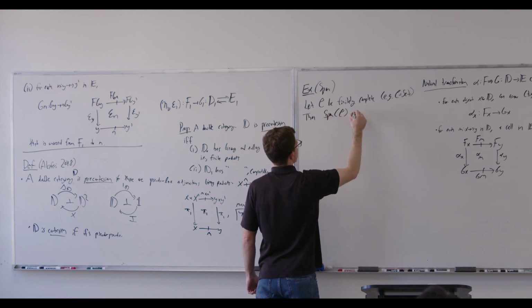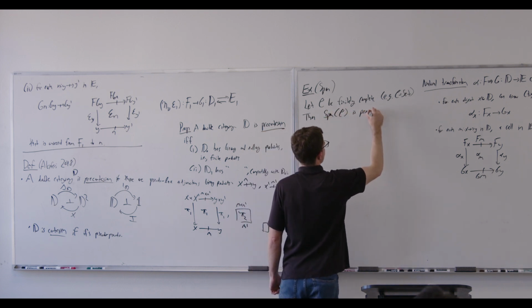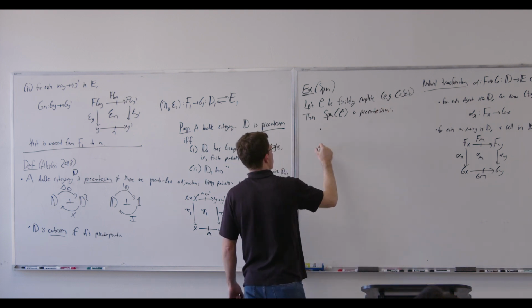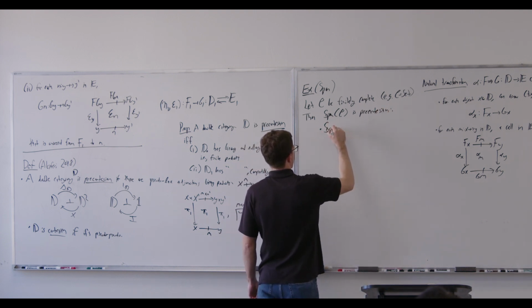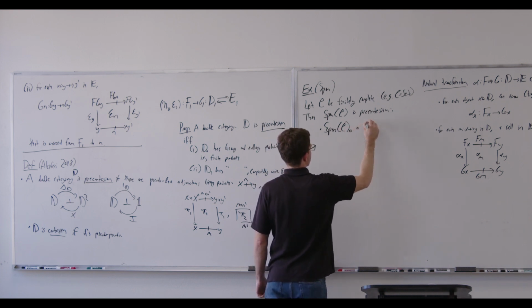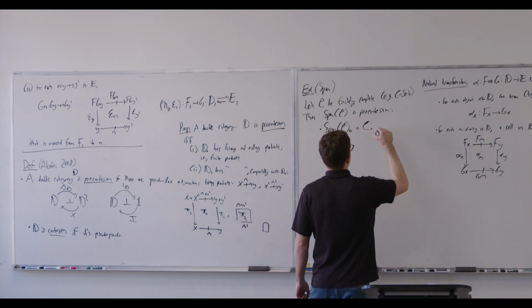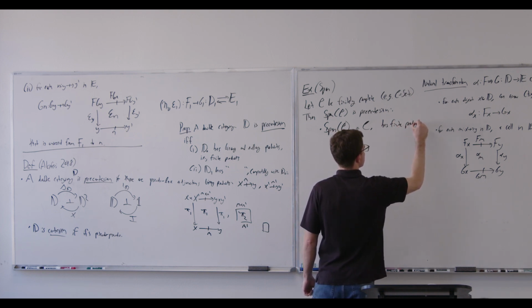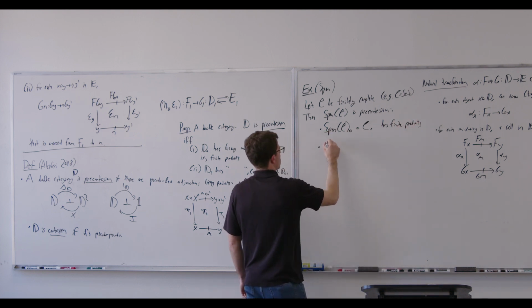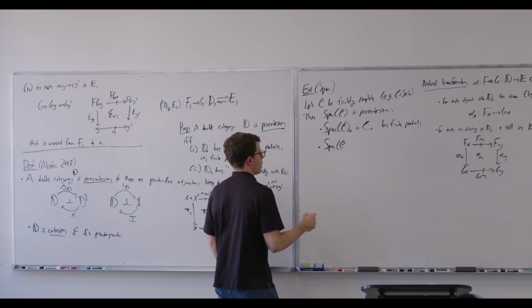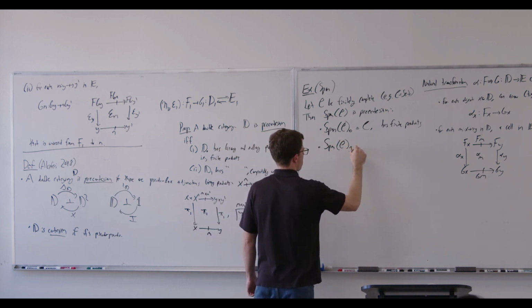Span C is, well, first of all, it's pre-Cartesian. Why? Well, the underlying category of objects and arrows is just C itself, and that has finite products by assumption. What is the underlying category of pro-arrows and cells?